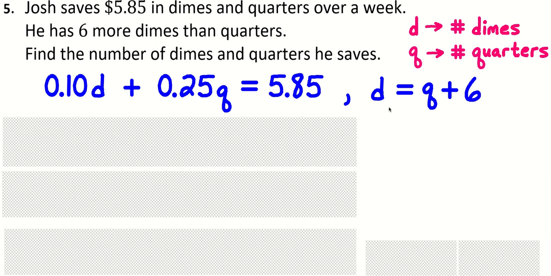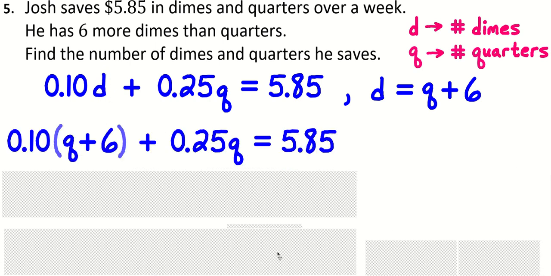Then what happens next is that it allows us to make a substitution, a switch. Instead of just having the D variable, can't we write Q plus 6 instead, because they're the same? Wouldn't they be interchangeable? D and Q plus 6 are literally the same. So we make that switch. It's called the substitution method.